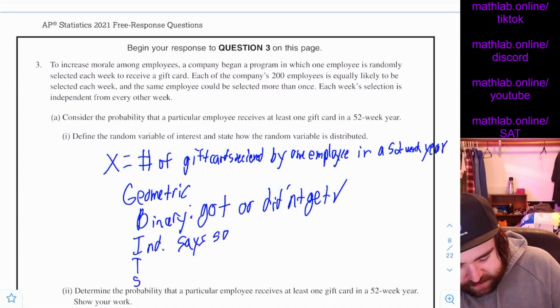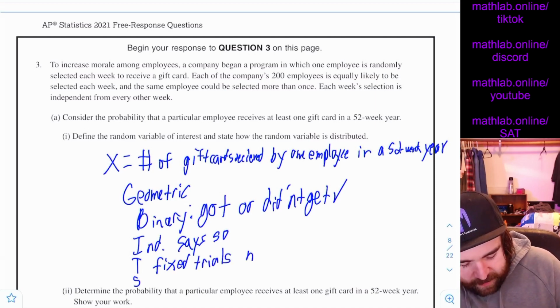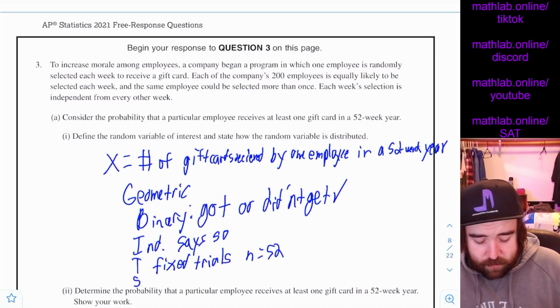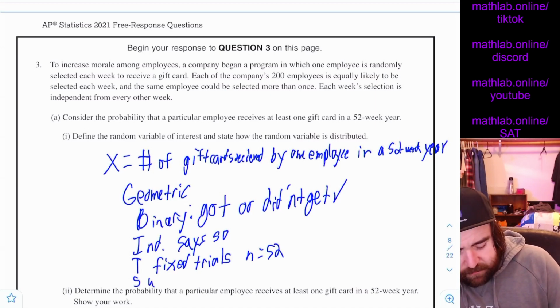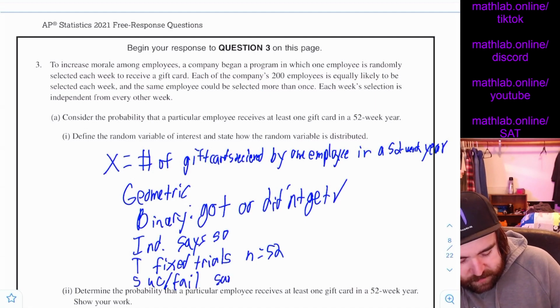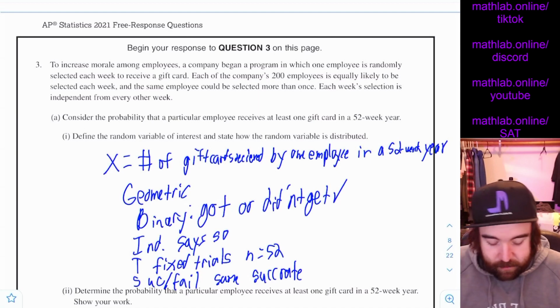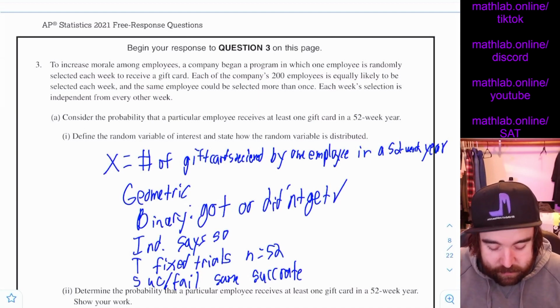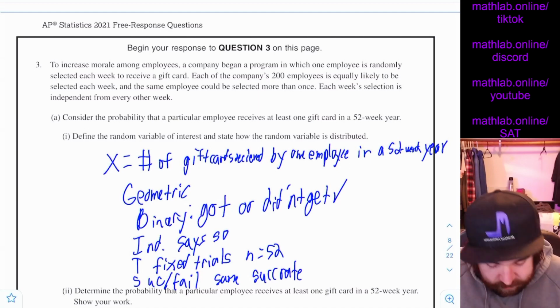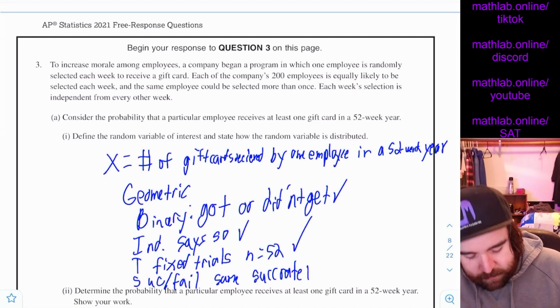And then it's a fixed number of trials. That's what the T stands for, is trials. So that's N equals 52. We're doing 52 trials. And then it's like a success and failure, which I never really understood. But it's the same success rate, which to me was always the same as independent. But it's there. So, therefore, it's geometric. Do little check marks. That should be good.